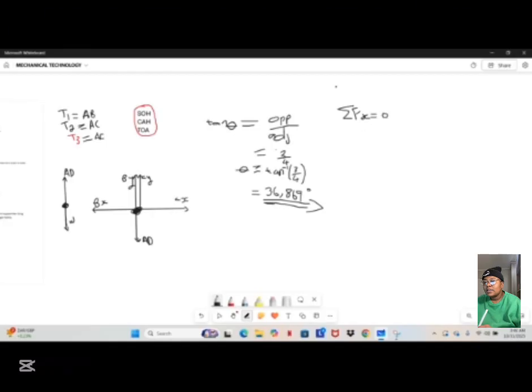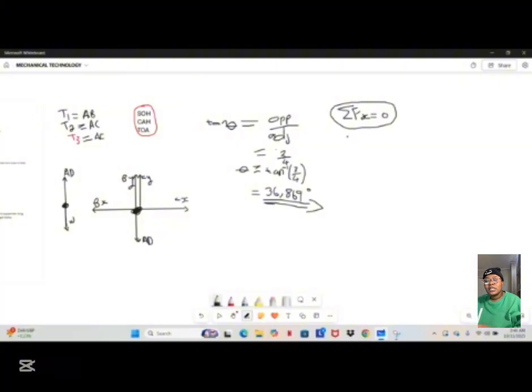Okay, let's move. So we have TAC, because you should always know which force is positive and which one is negative. The ones on this side are positive, the ones on that side are negative.